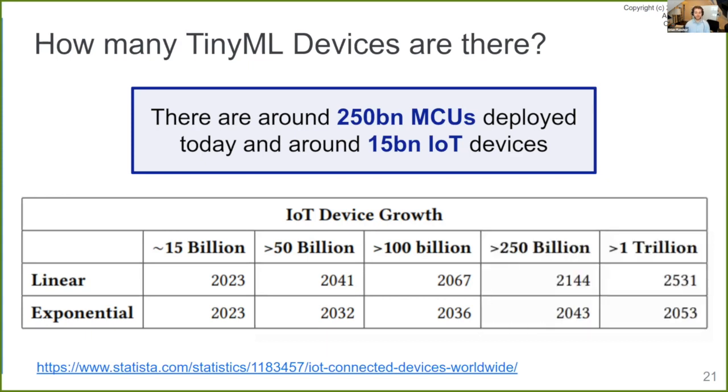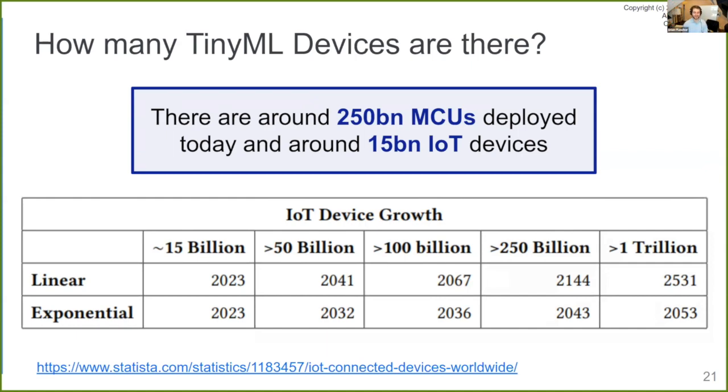We'd hit that 250 billion mark of all the microcontrollers deployed today not until 2144 if we take Statista's linear growth model. If we do an exponential model, we'll get there a lot sooner. We'll get there in 2043, but that's still more than 20 years. And then we've included the trillion number just for funsies. Exponential growth is terrifying. You can look at how much longer it takes, right?